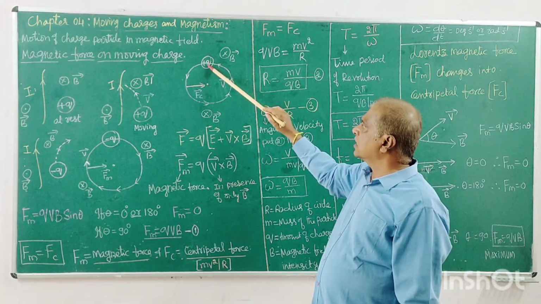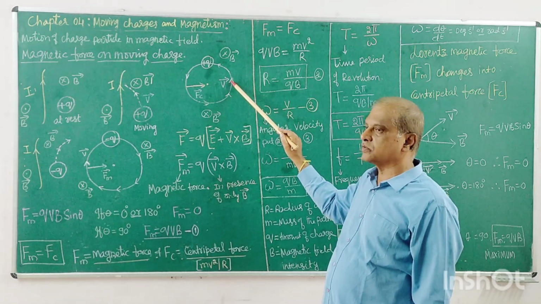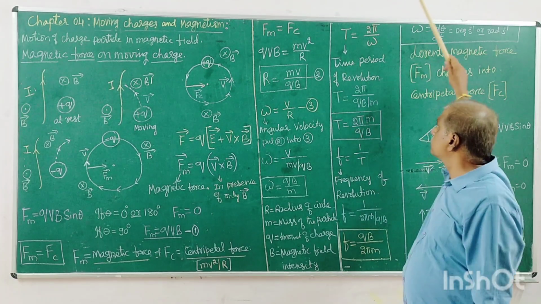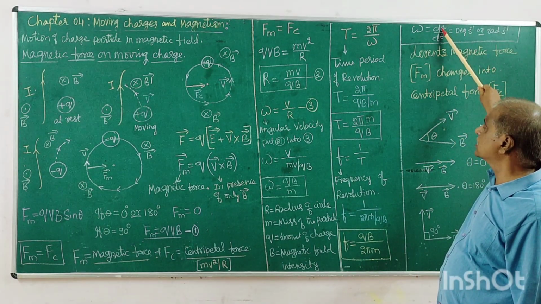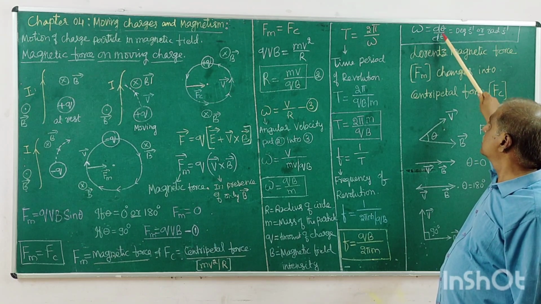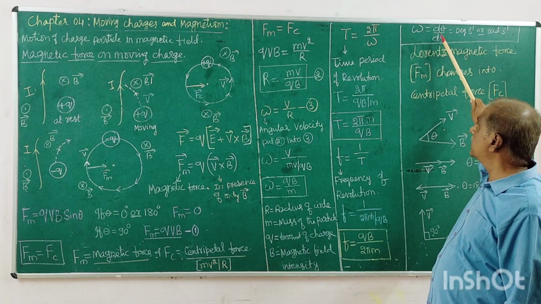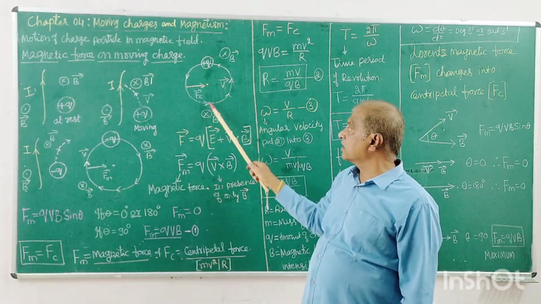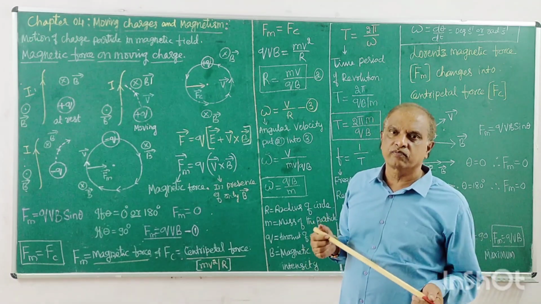If the particle takes 10 seconds to complete one revolution, what would be the angular velocity? Total angle for one revolution is 360 degrees and the total time taken is 10 seconds. 360 by 10 is 36 degrees per second. That is angular velocity in terms of degrees.